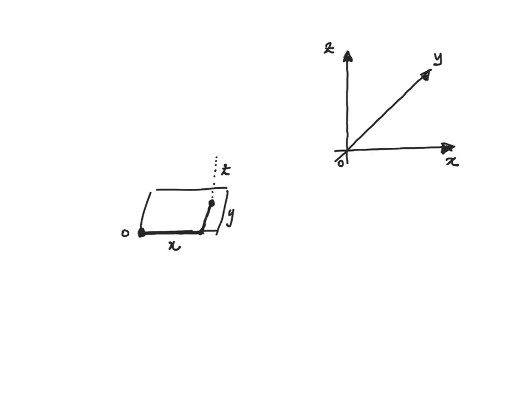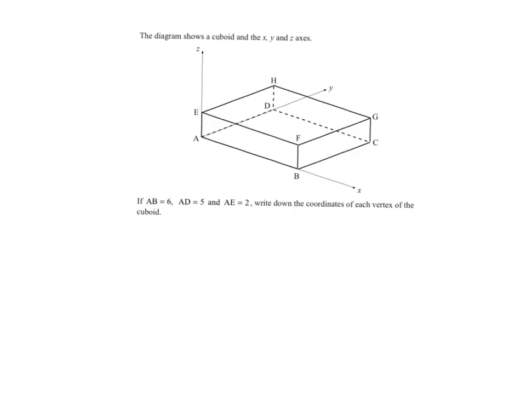So the first thing that we're going to do now is to learn how to read coordinates from a 3D diagram. So here is a diagram showing a cuboid, and we have the three axes, the x-axis, the y-axis and the z-axis.